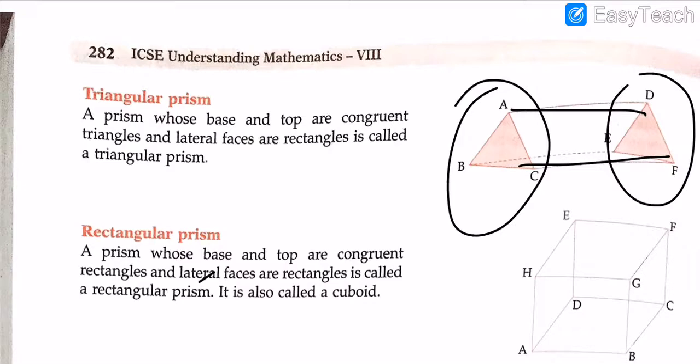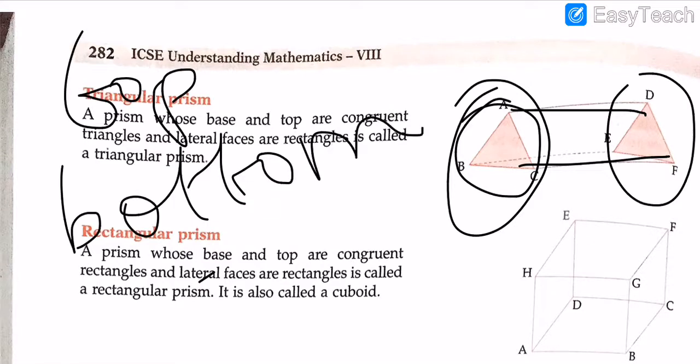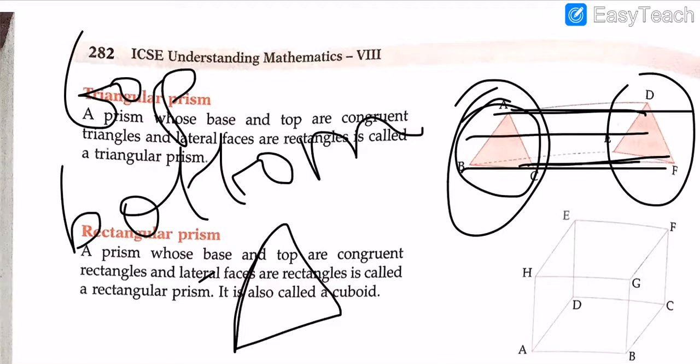So the two faces are congruent, you can see the top and the bottom are the same. They both are triangles, and the lateral faces that join both of those triangles, top and bottom, are rectangles.